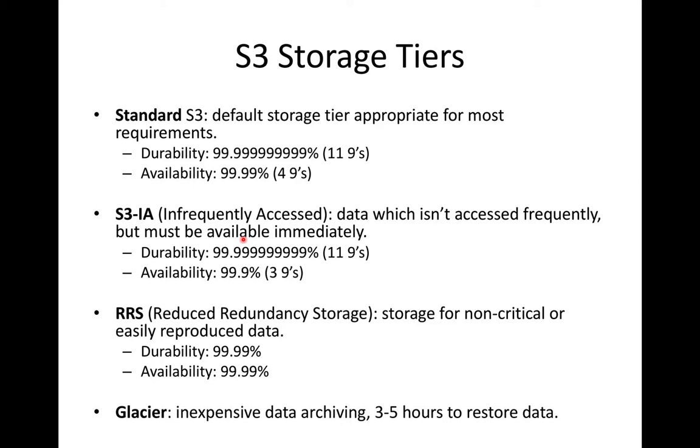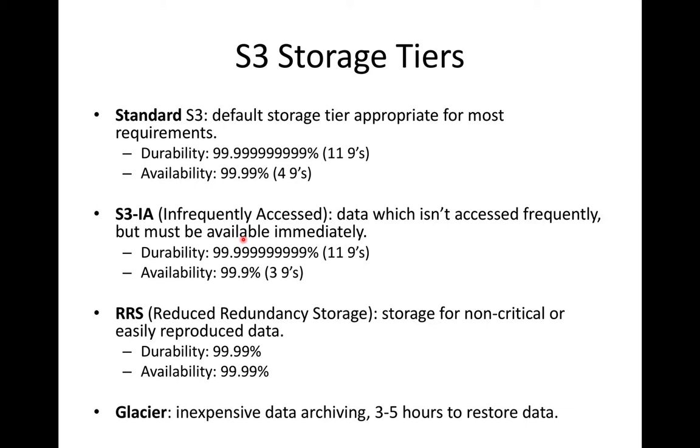And in this tier of storage, the availability is high, 99.99% availability, just like the standard tier, but the durability of the data is substantially lower. Instead of 11 nines of durability, you only have 4 nines of durability, meaning that 1 out of every 1,000 files that you store in RRS might just disappear, might be corrupted.